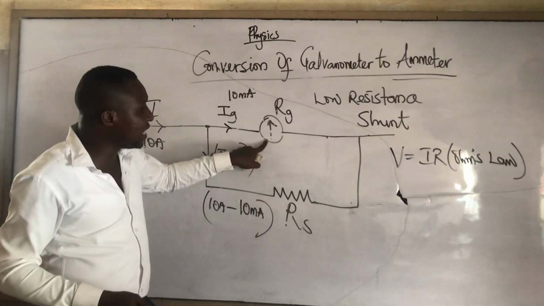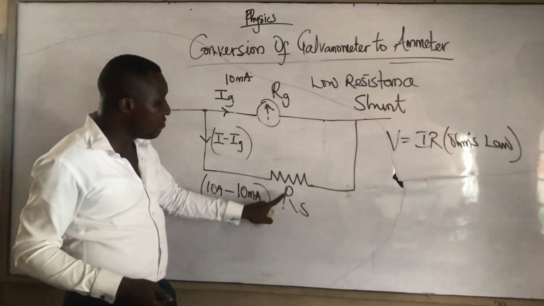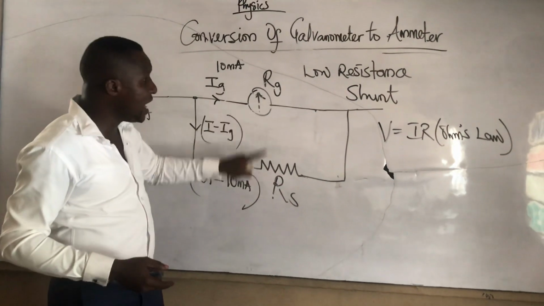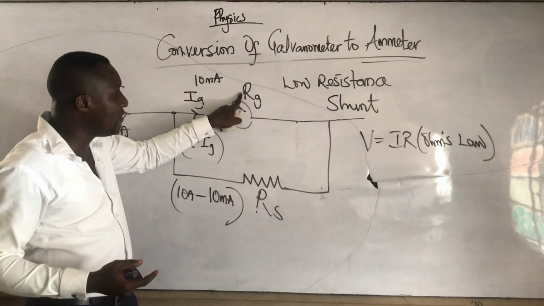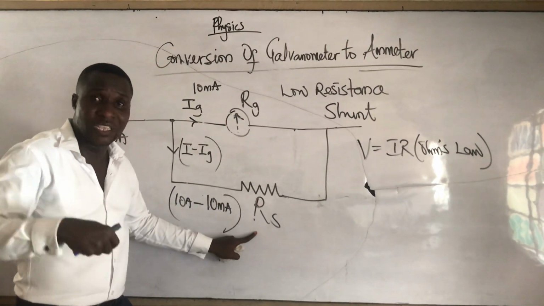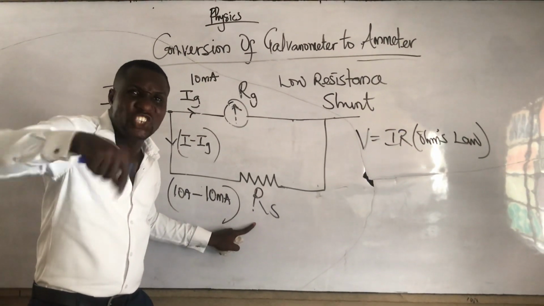The resistance of the galvanometer and the resistance of the shunt are in parallel to each other. That means they have the same potential difference.